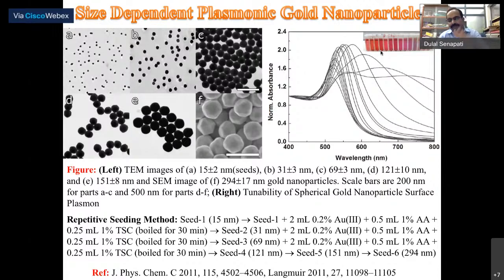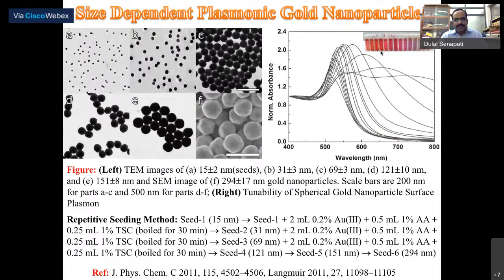Here I have described one of the synthetic protocols, which we call cumulative seeding. That means we make each step a seed, and then we use the next step with that as the seed to grow it bigger. Again, that bigger particle we use as the seed to grow a much bigger particle.